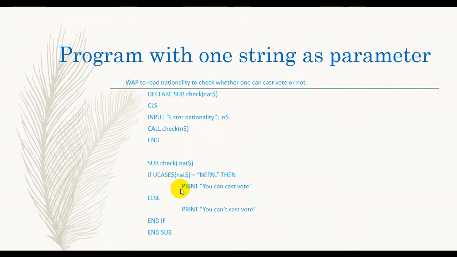So in such case, if it matches, if the condition is true, then it will print you can cast vote, otherwise print you cannot cast vote. Yes, so in this way, when we have a string parameter, then it works with the string input. That means for the string input to be accepted, we need to write string parameter here.